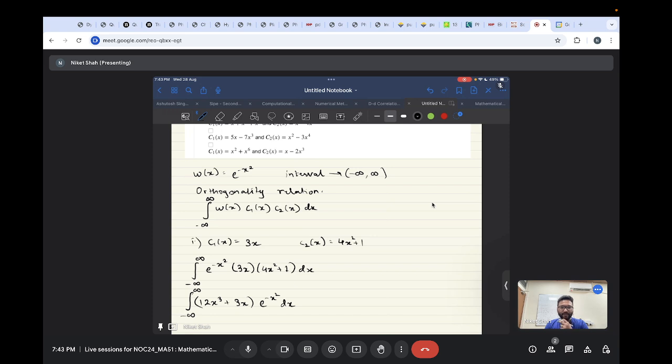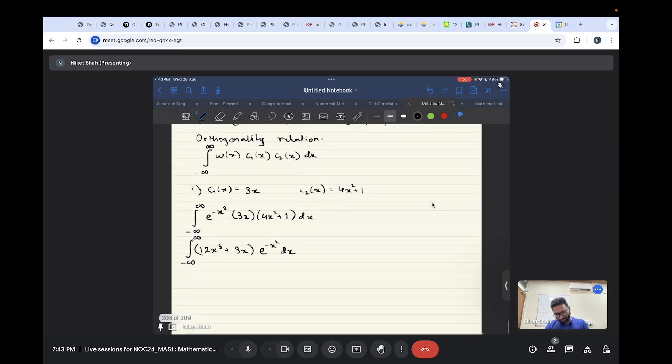So this is a well-known integral and you can solve this. But in our case, we don't even need to do that for the simple reason that you take just x outside, 12x square plus 3, going from minus infinity to infinity e raised to power minus x square dx. Okay, so now look at this. The limits are going from minus infinity to infinity, but the function inside is an odd function. Why?